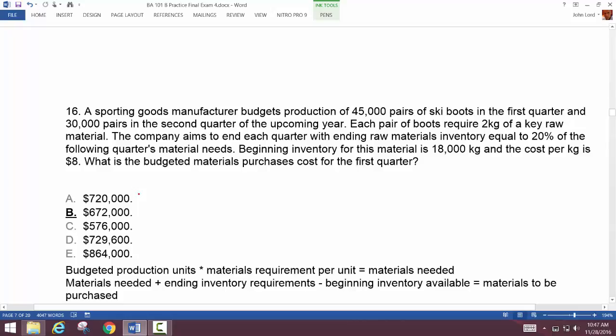And we want materials purchase costs. Okay.